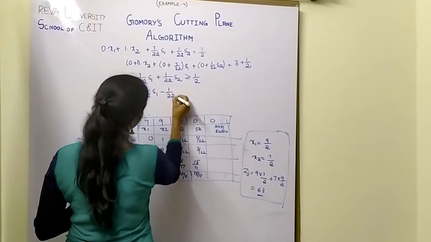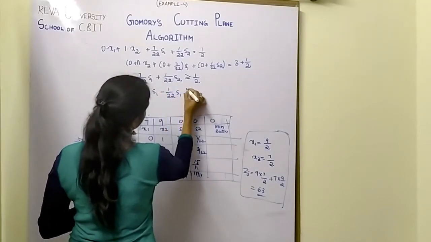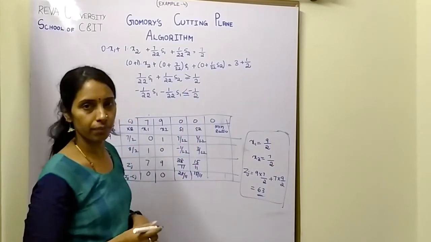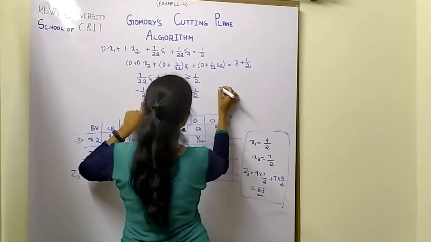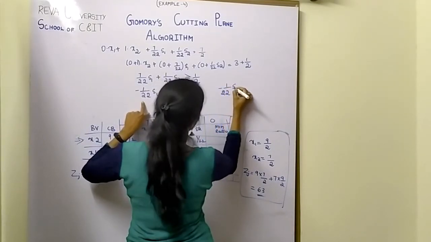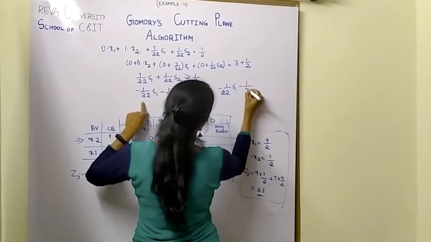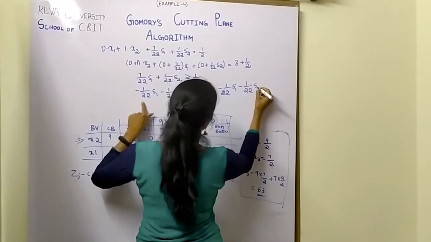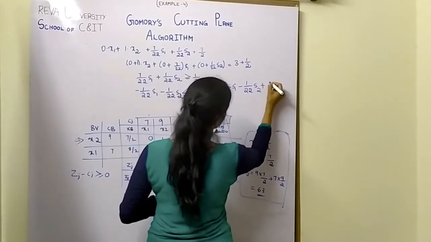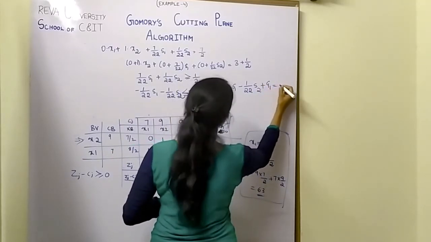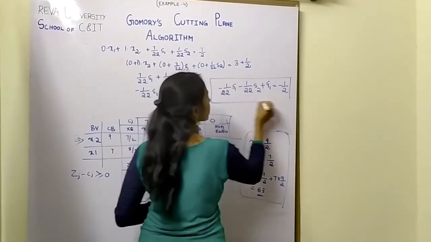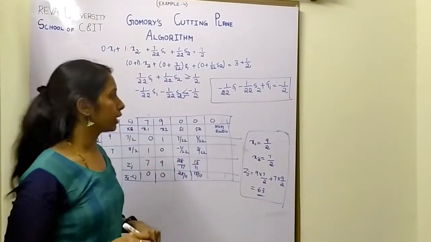Minus 7 by 22 S1 minus 1 by 22 S2 less than or equal to minus half. Now, minus 7 by 22 into S1 minus 1 by 22 into S2 plus GOMORY constraint G1 is equal to minus half. This is our GOMORY constraint.